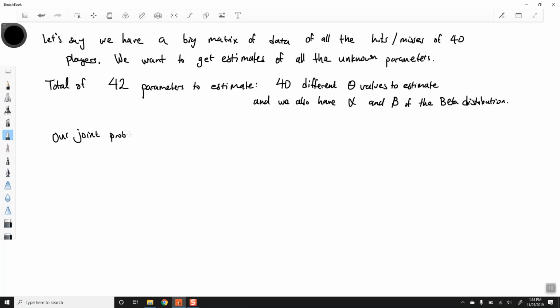The joint probability distribution for everybody, for all parameters. Okay. So that would be our total posterior distribution of the parameters given the data.